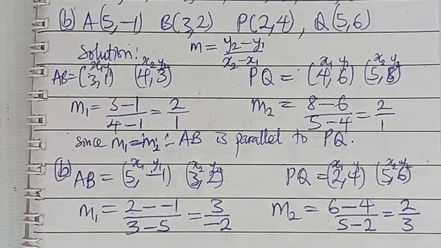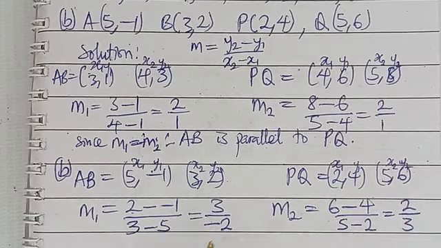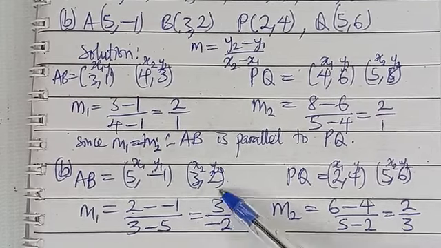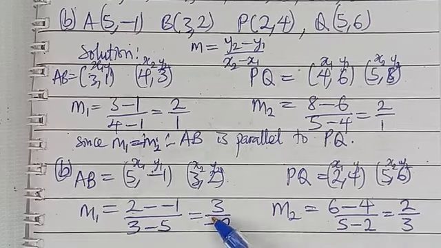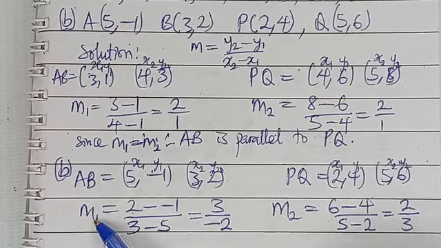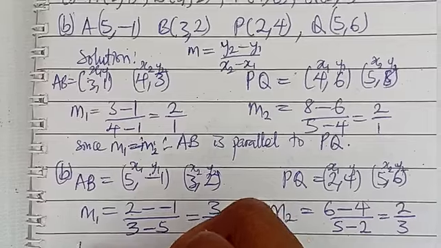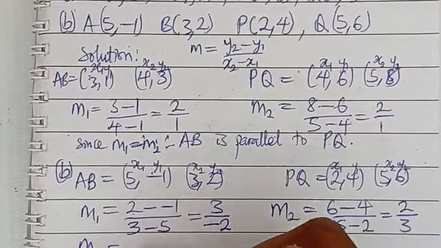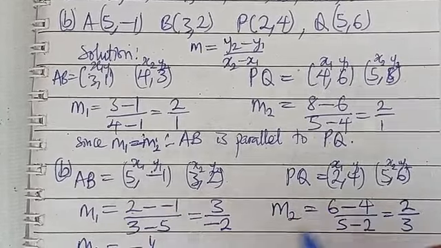If we look at this, we can see that this has a negative, this doesn't have a negative, right? And this is an inverse of this. So we can see that m2 is equal to the negative inverse of m1.